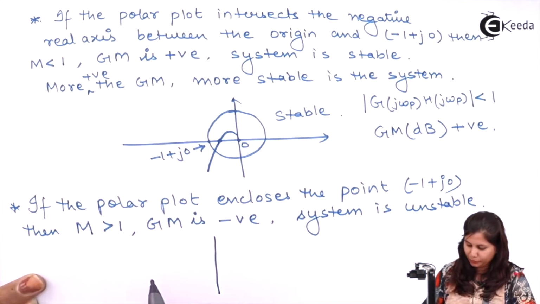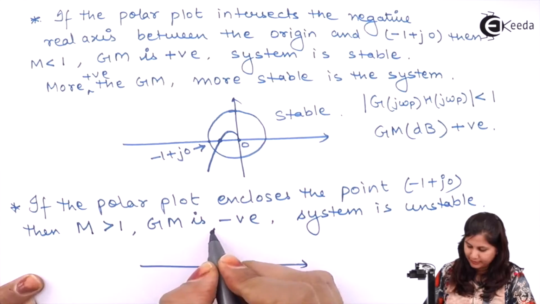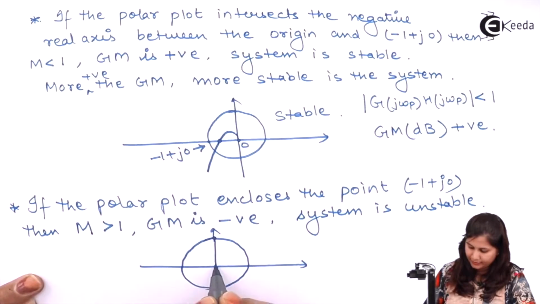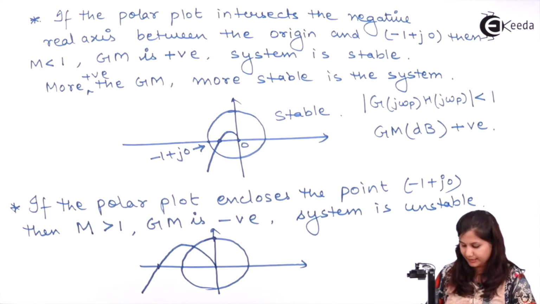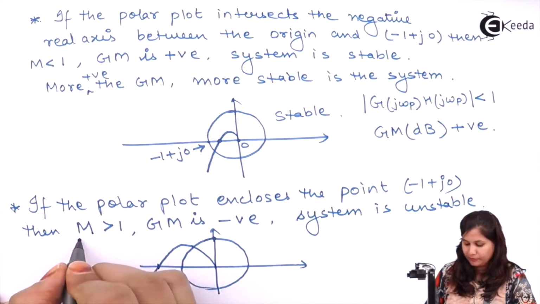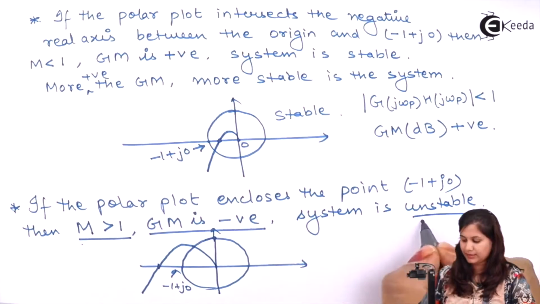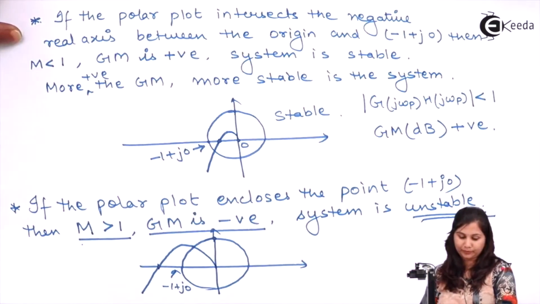That means the polar plot will be like this: this is the unit circle and this plot is intersecting outside this unit circle, that is -1 + j0. M will be greater than 1, gain margin will be negative, and the system is unstable.